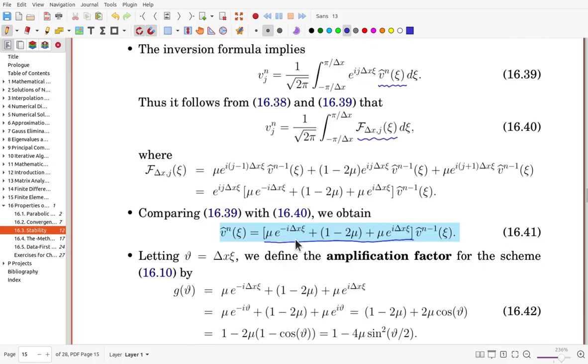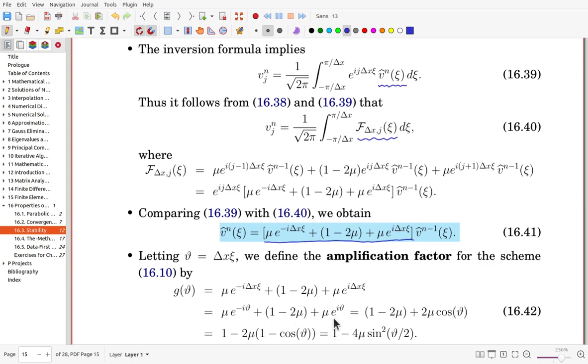For that portion, we are using the notation G(theta). With delta x times psi, for simplicity, we introduce a theta. So that is G(theta). You can see easily, and we can further simplify e to the minus i theta or e to the i theta.